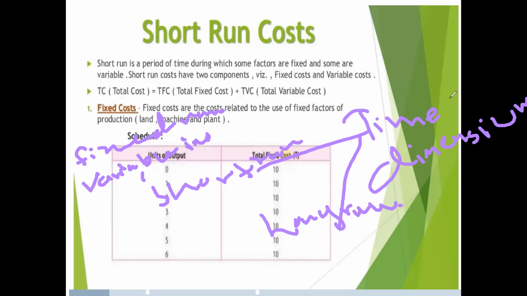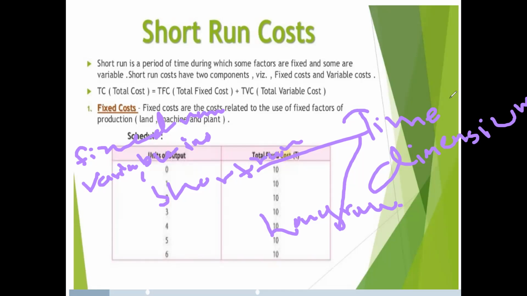If you can change within 1 month or 2 months, we'll consider that also as the long run, because the supplier can change all the variables: all the factors of production, the land, labor, capital, and entrepreneurship.